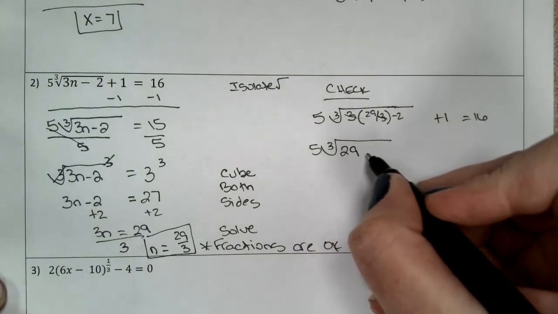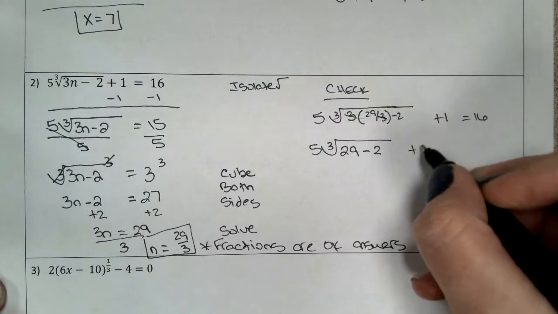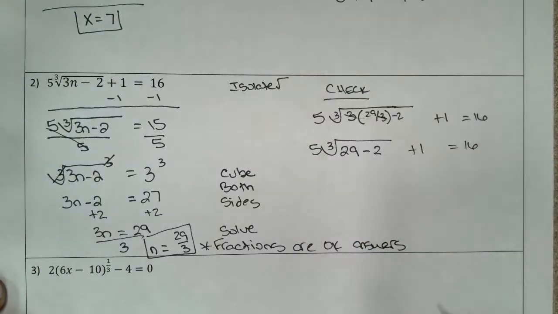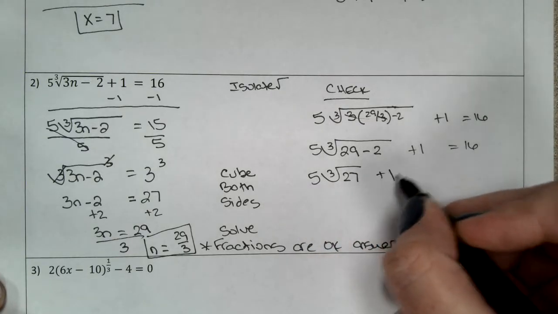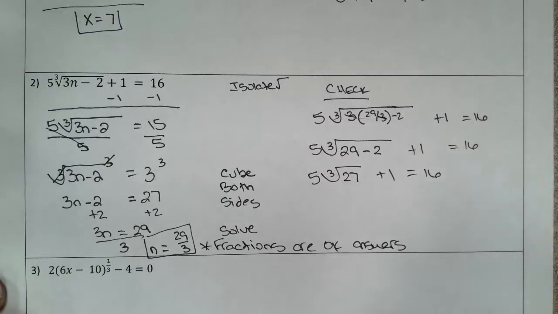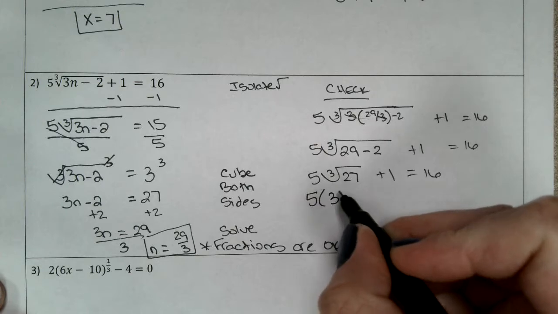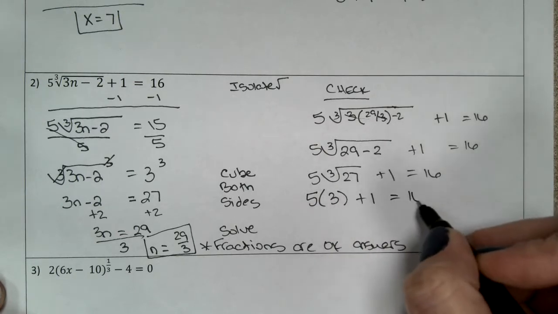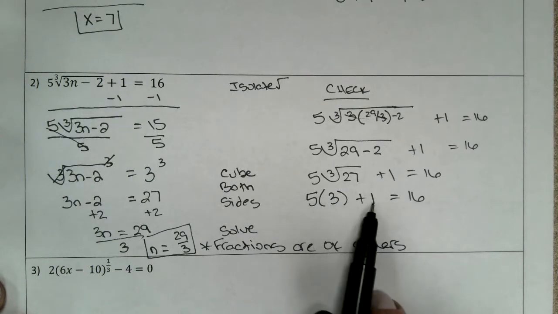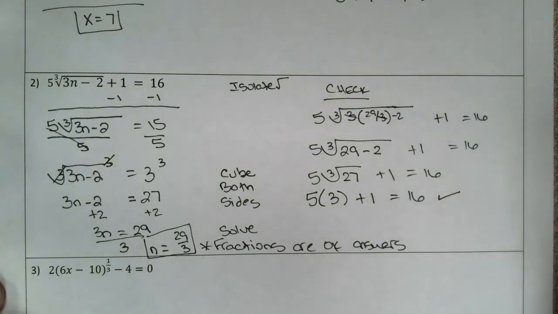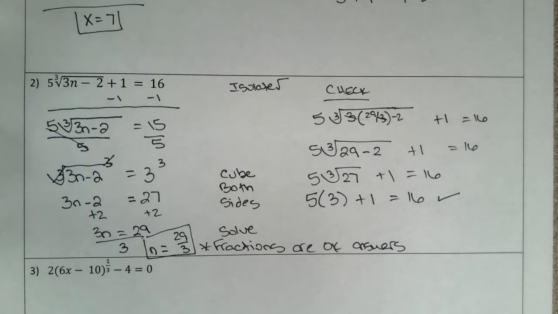So then I just have 29 minus 2 left under the radical. 29 minus 2 is 27. I can take the cube root of 27, which is 3. And then if I multiply, 5 times 3 is 15, plus 1 is 16. So this 29 thirds is a good answer.